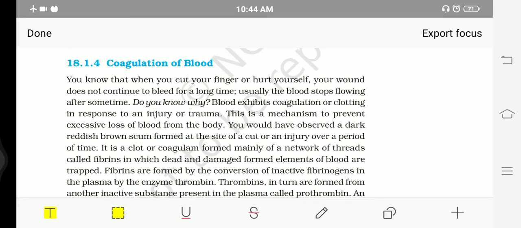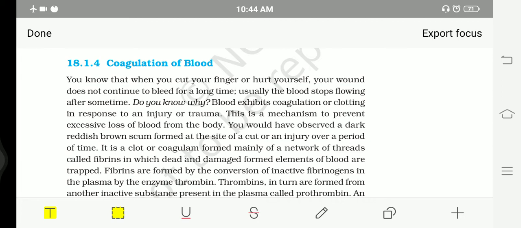Then the blood contacts the air to form a network-like structure called a clot, and then the blood stops. Such a process or mechanism is called blood clotting. Blood clotting prevents the blood loss or bleeding, or hemorrhage.